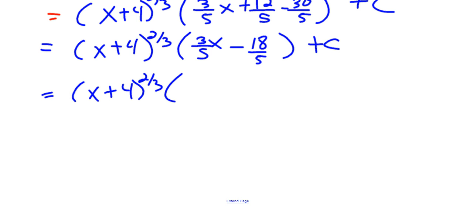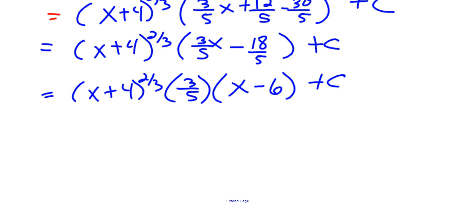I'm going to go ahead and factor out a 3/5 from this second parentheses and get x minus 6 plus c. So the only thing is, this is a little bit of a messy way of writing it. So my last step is just to write it in an easier way of reading it.